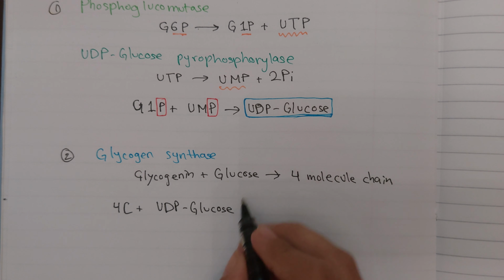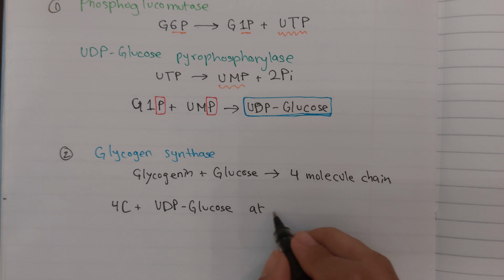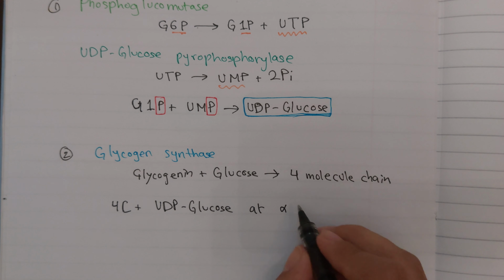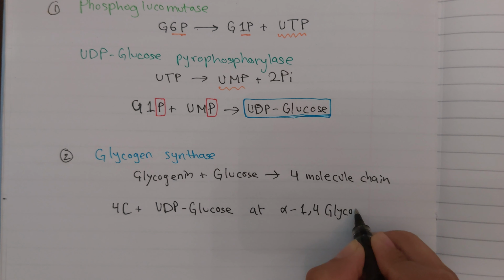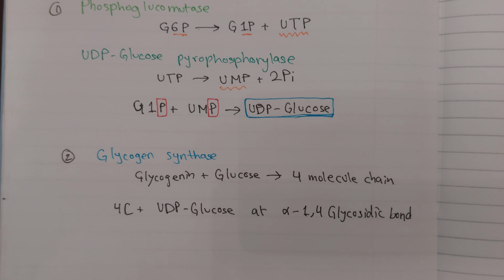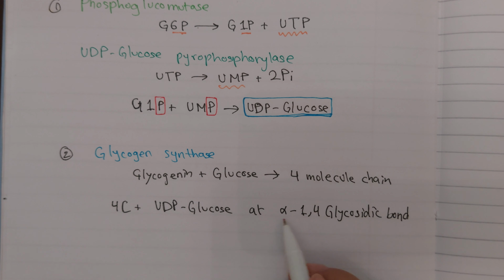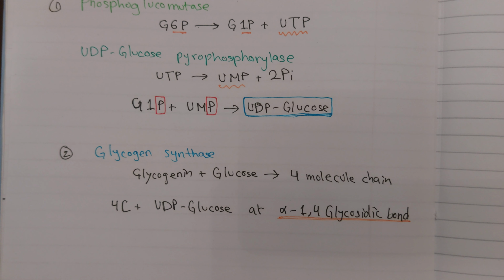Now it binds at a special place and makes a bond called alpha 1,4 glycosidic bond. It binds at this position. So this is the chain formation.